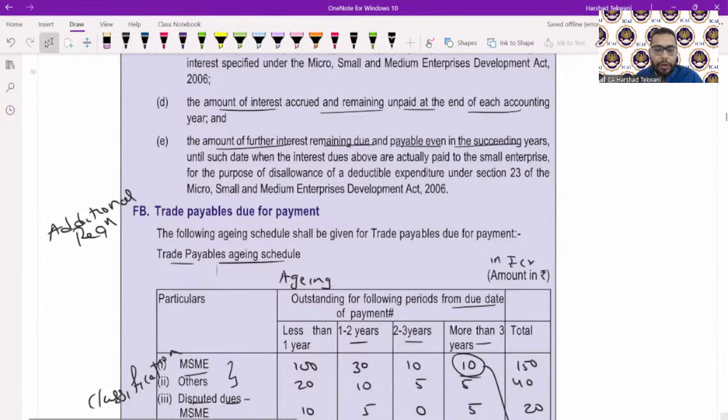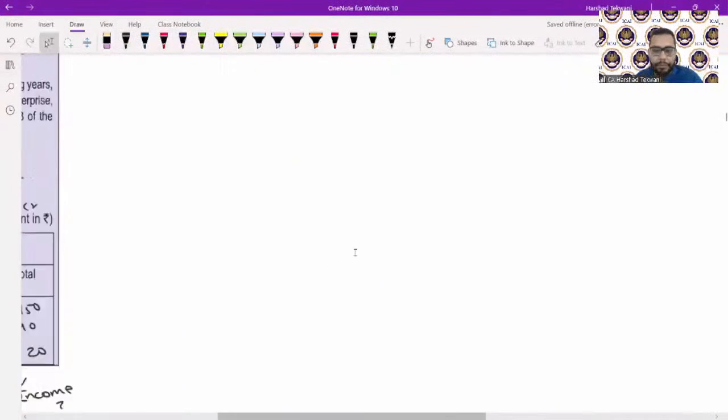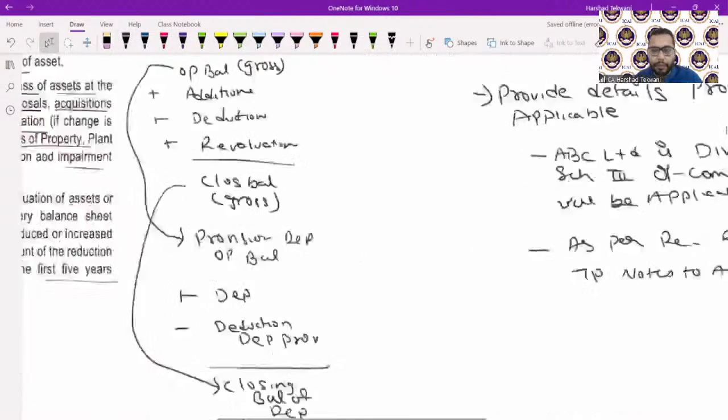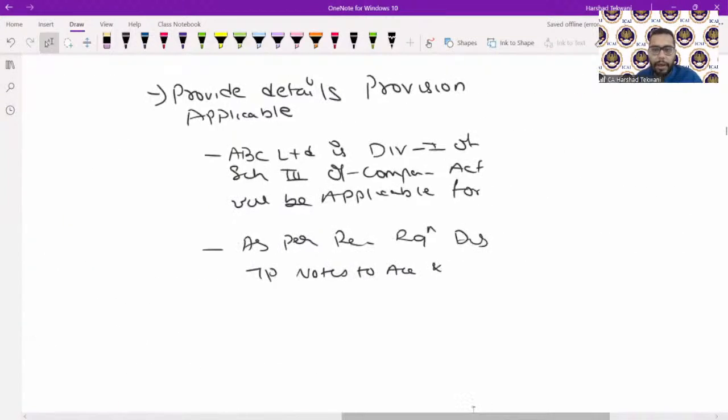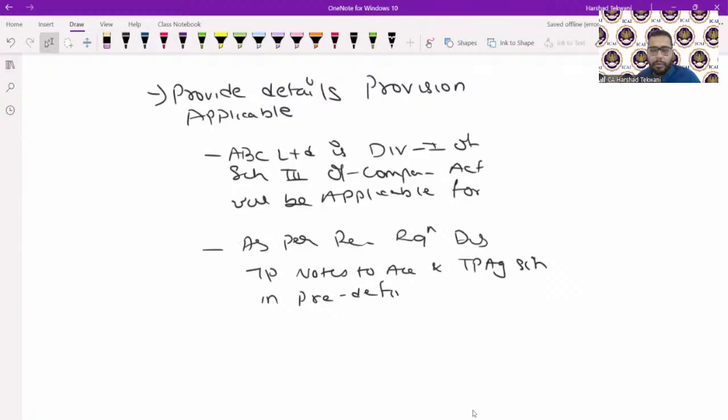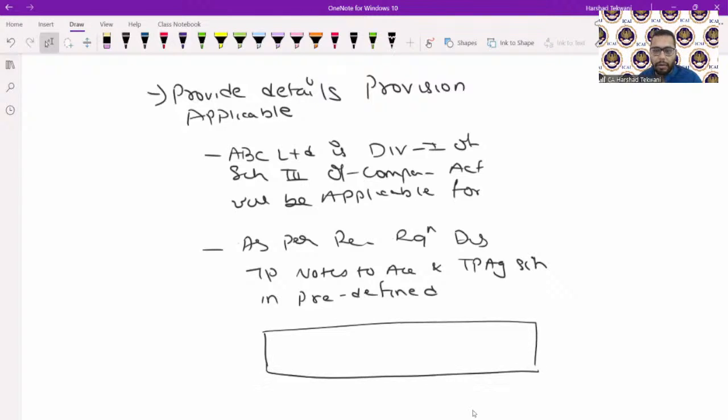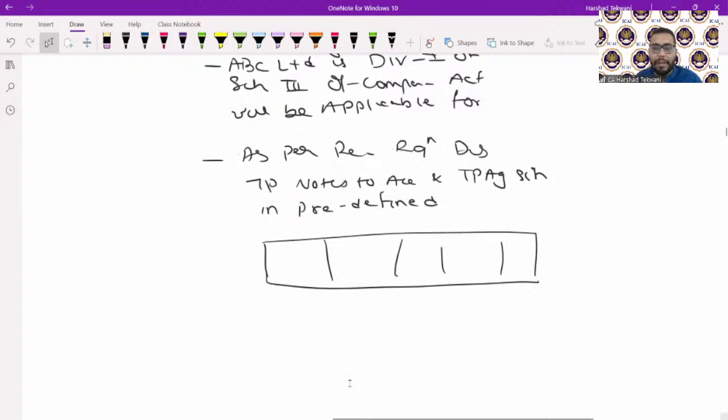So you need to say that they are required to disclose trade payable notes and trade payable ageing schedule in a predefined format, which is mentioned below. Then you provide what is the actual format which is required to be given.